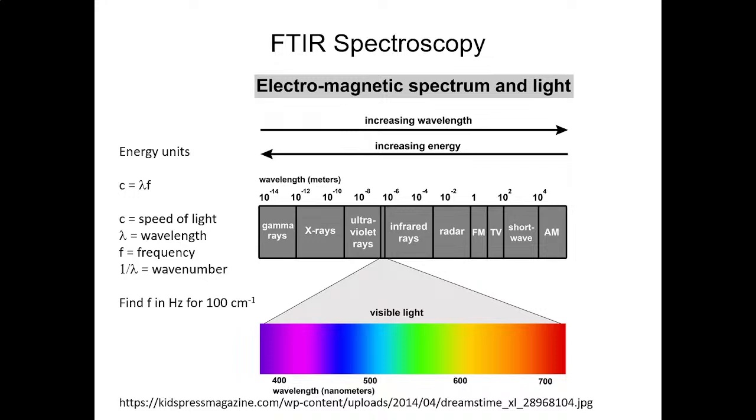This slide is a little busy, but the idea here is that for the electromagnetic spectrum, I've listed different types of the spectrum. A lot of people are familiar with these, and shown that increasing wavelength is actually going to be in the direction of decreasing energy. So I think it might be somewhat intuitive that X-rays are very high energy and radio waves are very low energy.